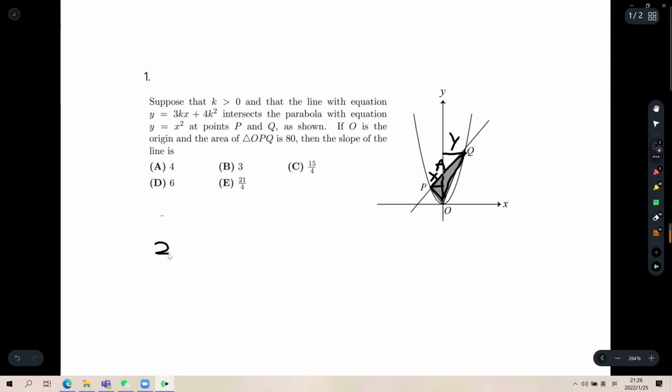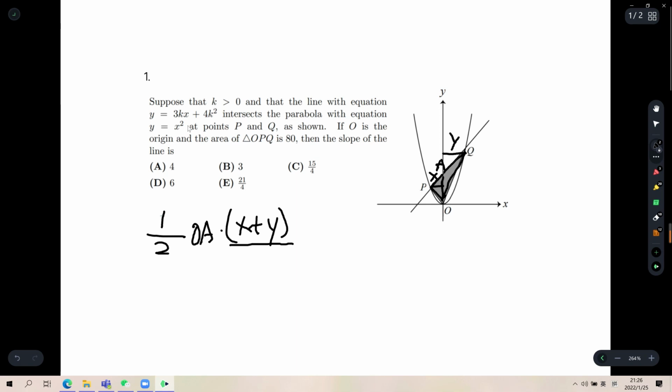So it's 1 over 2 OA times x plus y. And what is x plus y? So we need to find the position of P and Q.